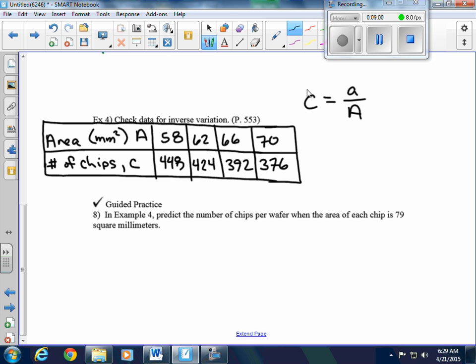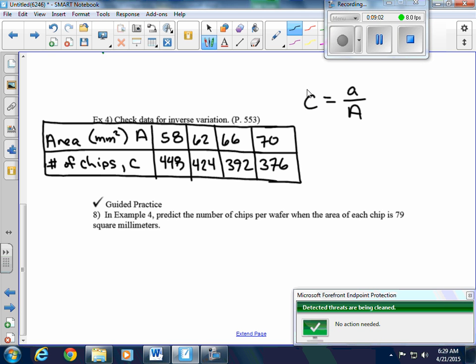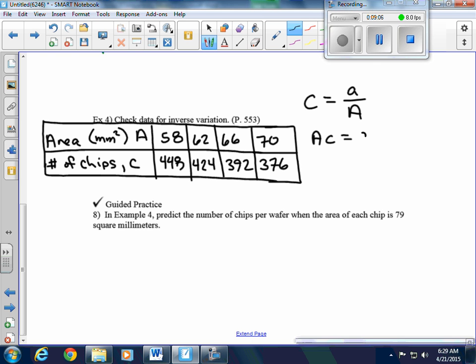So if we want to find the constant A, we're going to have to multiply the area times the number of chips. So if we do that for each of these situations, we'll take 58 times 448. We're going to get 25,984. We're going to take the 62 times the 424.